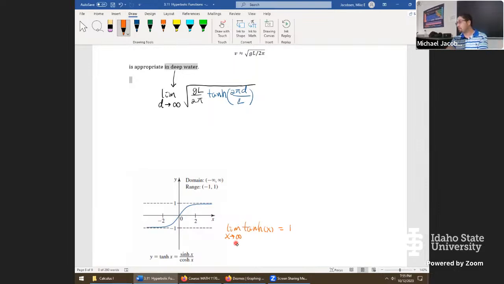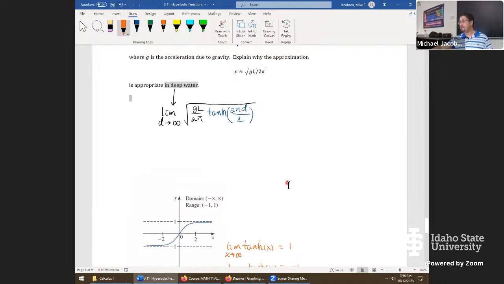So we get a limit of 1 for that direction. And just for completeness, if we went in this direction, the limit as x tends towards negative infinity of tangent hyperbolic of x is tending towards -1. It'll never hit it, but you can get as close to -1 as you like by taking your input x to be sufficiently large negative.